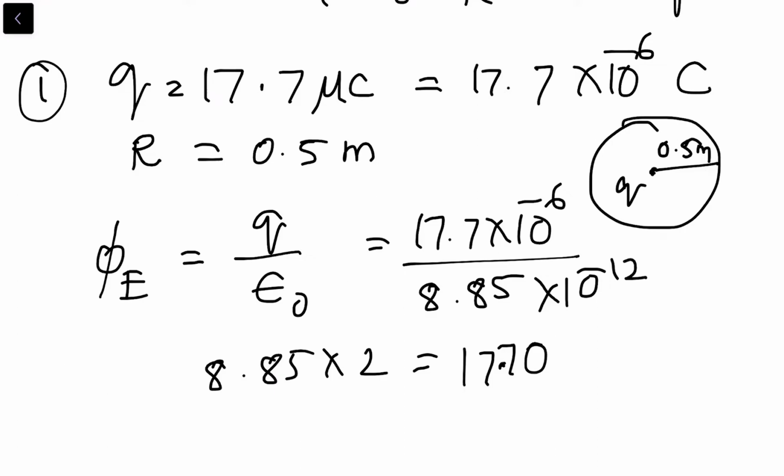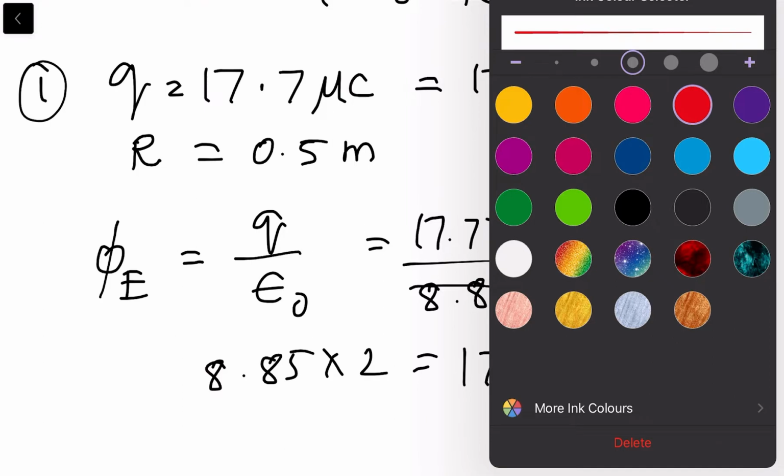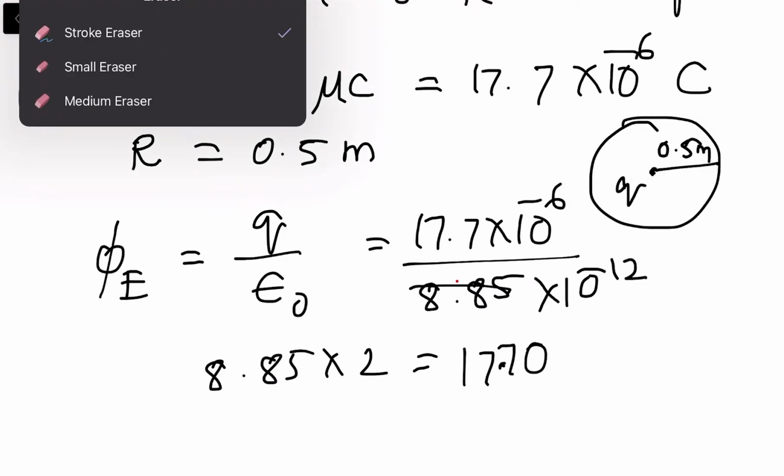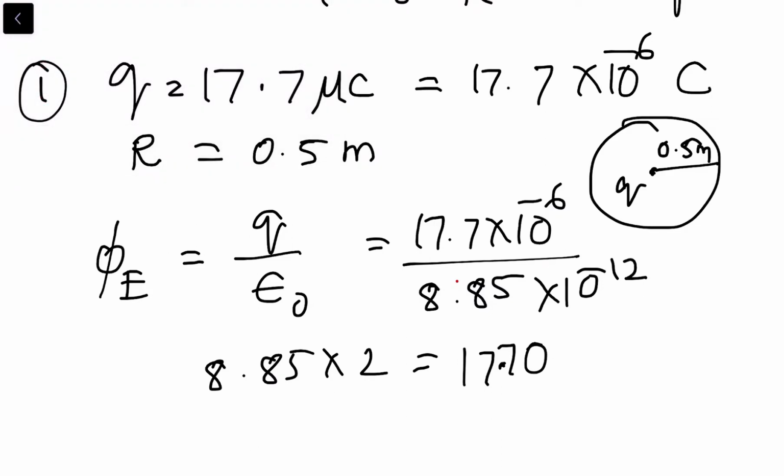That means 8.85 will cut it exactly 2 times, and the 10 to the power of minus 12, when it goes to the numerator, becomes plus 12. So you will get 2 into 10 to the power of 6.